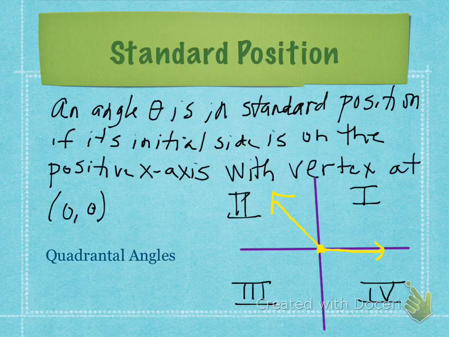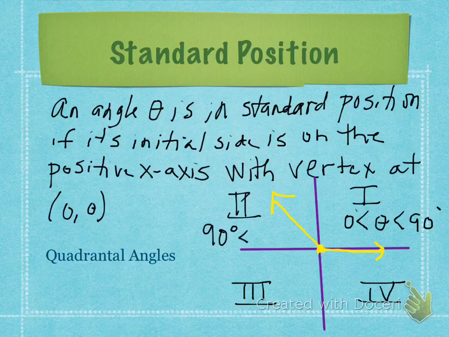And your angle measures here are related to the different angles that we talked about. So this has an angle measure between 0 and 90 with degree markers on them. This is between 90 and 180. What's the next one? What's in quadrant 3?